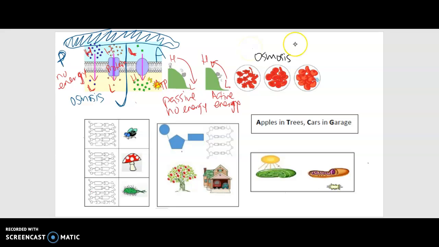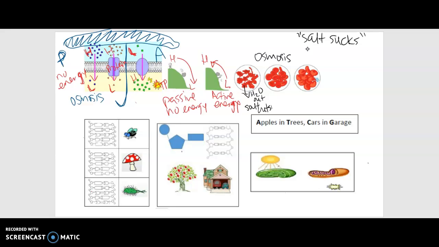So for osmosis, we've been saying the term salt sucks. Okay, so salt or a solute is going to draw water towards it. So water is going to move in the direction where there's more salt. The first picture here, you have the cells are getting smaller because water is leaving because there's more salt on the outside of the cell.